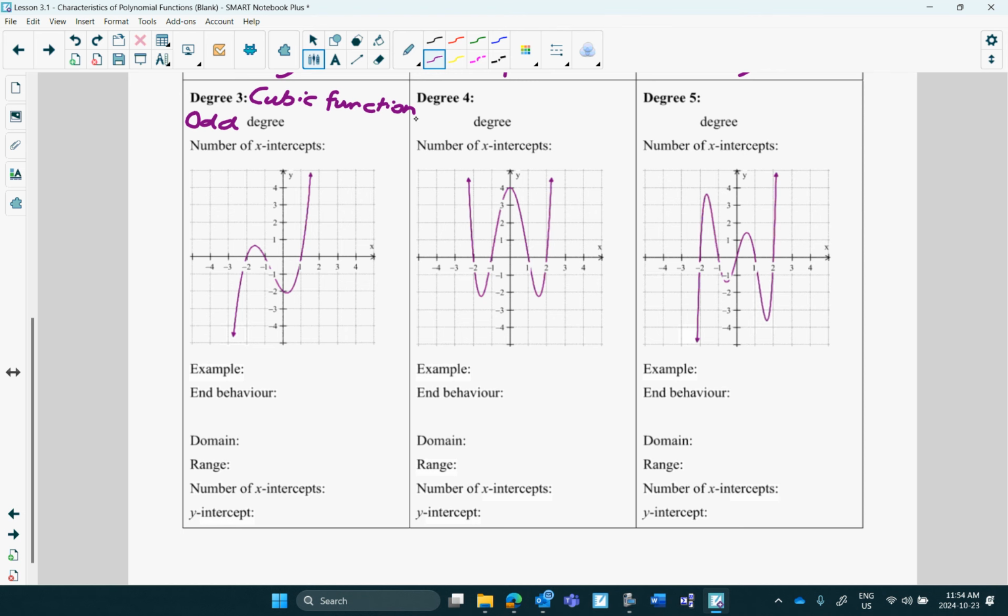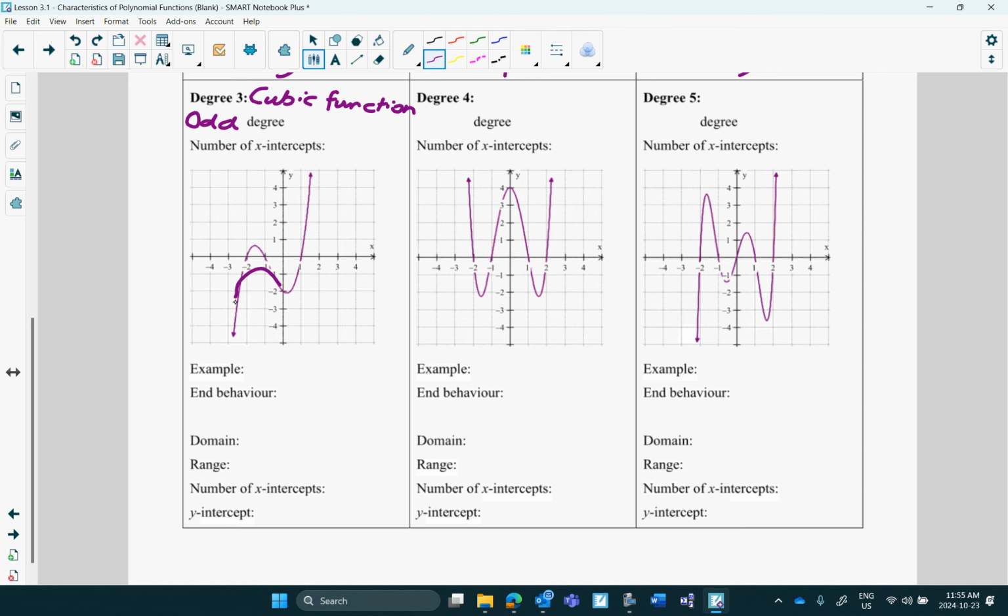How many x-intercepts could a cubic function have? Could have 3. Well, this one has 3, so obviously, could I write one that has 2? Yeah, I could just take this and go like that. That one has 2. I could do one that has 1. I guess I would just go like this. It just doesn't reach the top.